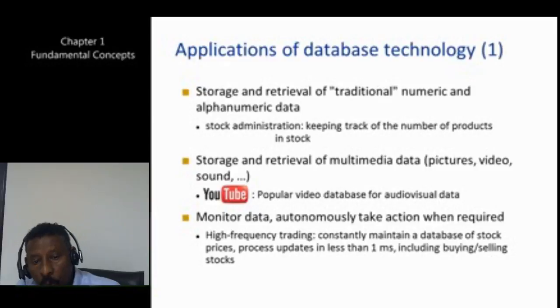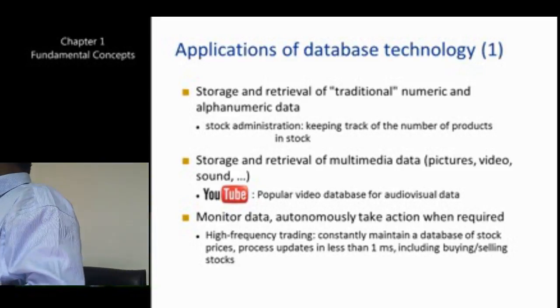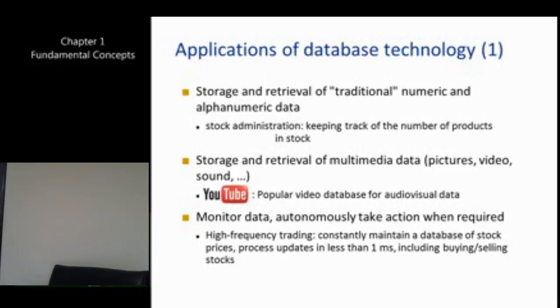Applications of database technology. Well, if you look at today's business environment, databases are all over the place. Think about a banking setting, for example. Banks are going to collect information about their customers and every transaction they make. So as soon as a customer makes a payment with the bank, applies for credit, or is going to buy or sell some securities like stocks, all of the information that is related to the transaction will be stored into a database.